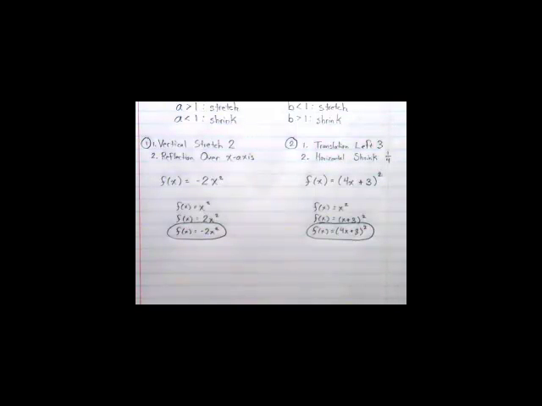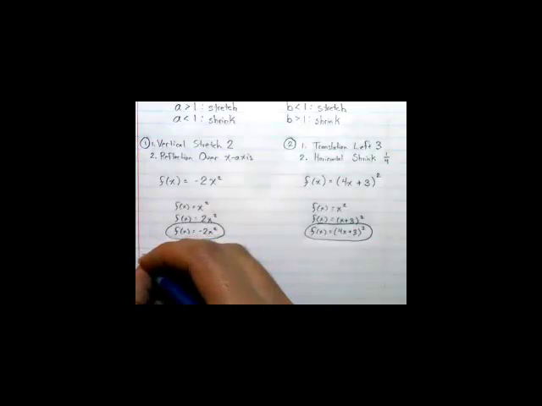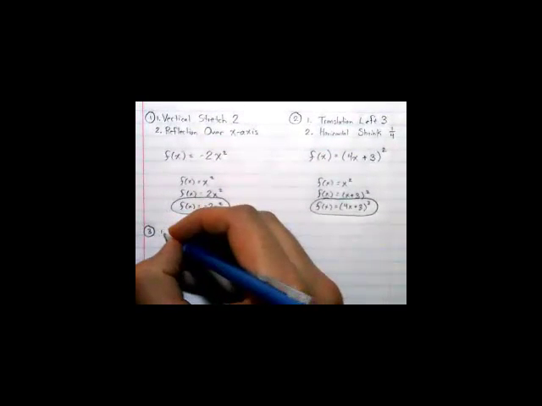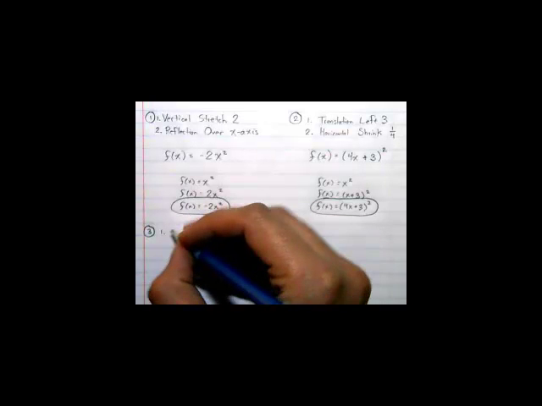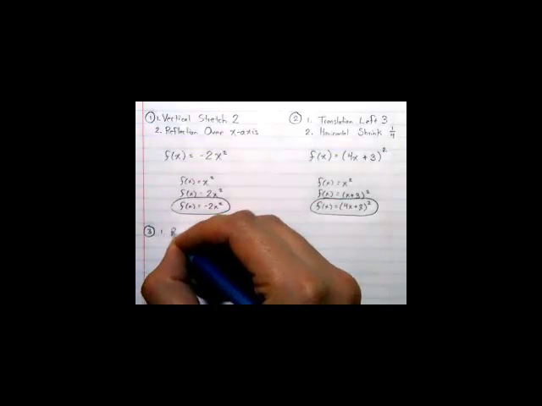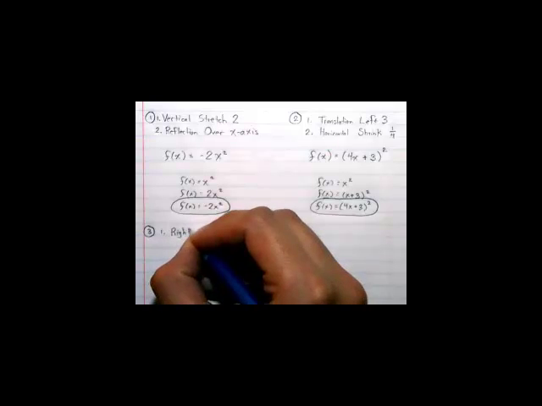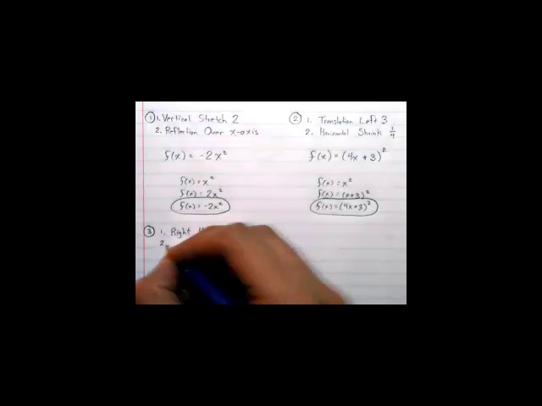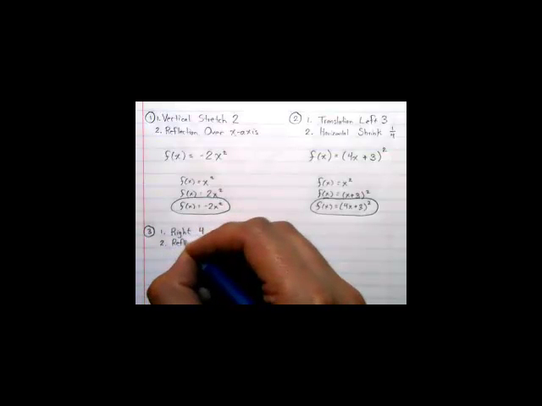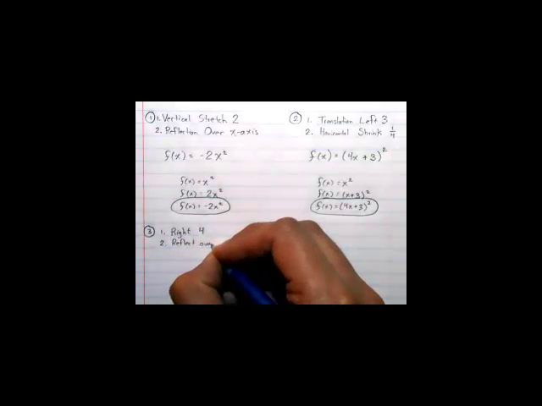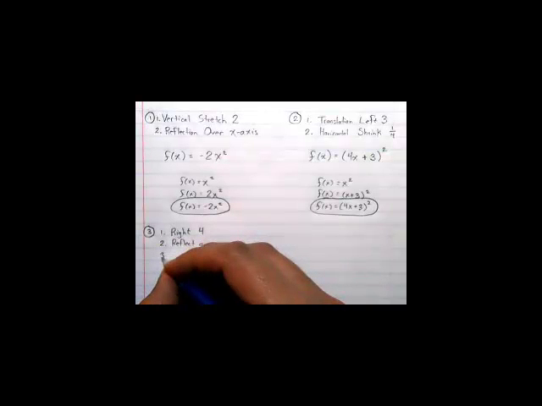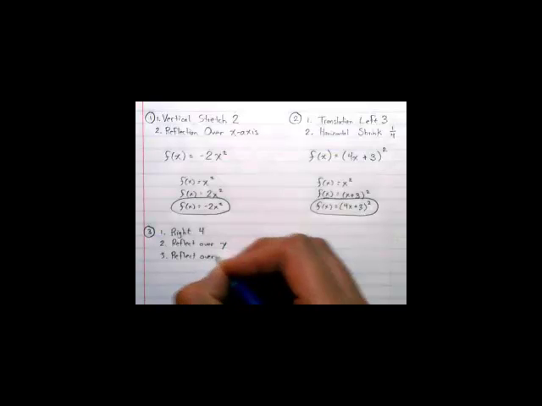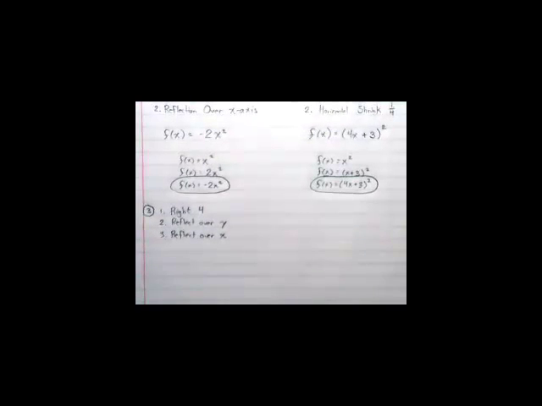All right, let's try a couple more. See if we can do 3 things for each one this time. Let's do: move it to the right 4, reflect it over the y, and then reflect it over the x. I bet you guys can do that.